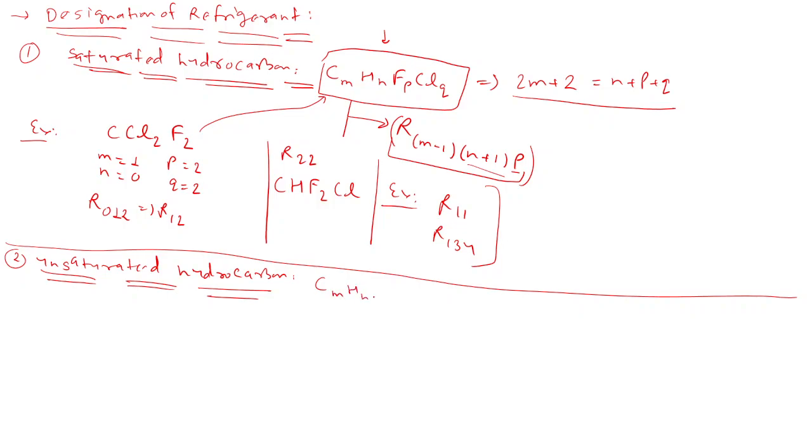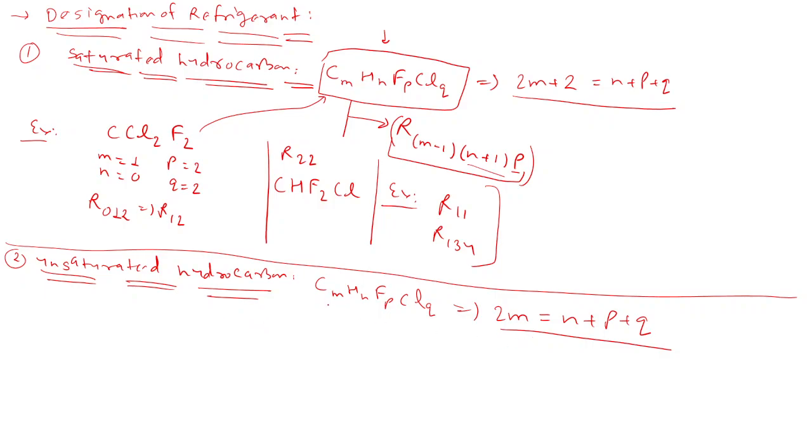I would write first the same, HNFPCl3. So for this it would be like 2m is equal to n plus p plus q. Is it right? Yes. So here the subscript would be of 3 digits, and for the unsaturated hydrocarbon, the subscript would be of 4 digits.